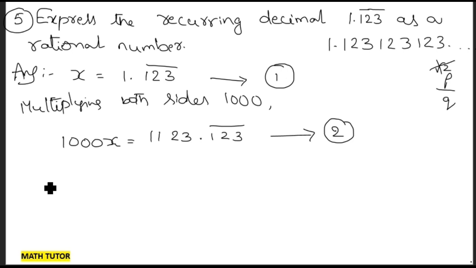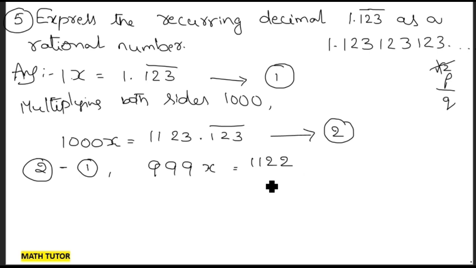So what I need to do is, now I am subtracting 2 and 1. Okay, subtracting 1 from 2, what will I get? 1000x minus x. 1000 minus 1, right? That is 999x. Okay, this is understood. 1000x minus 1x is nothing but 999x equals to 1123.123 minus 1.123. These decimal places will get subtracted completely, and 1123 minus 1, that is 1122.